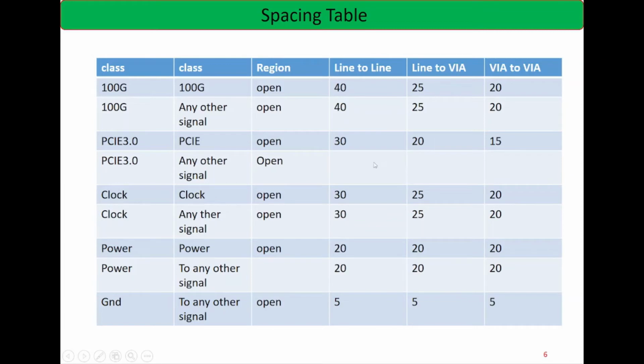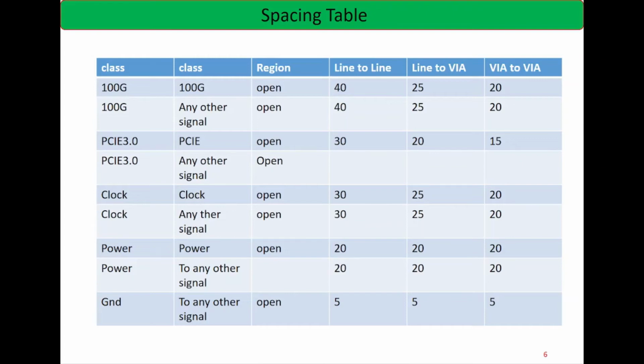We get these values either from experience or from colleagues who are already working, or if someone wants to do simulation, they can do the simulation, and they should know what the crosstalk limit, the insertion loss limit, and the return loss limit are.